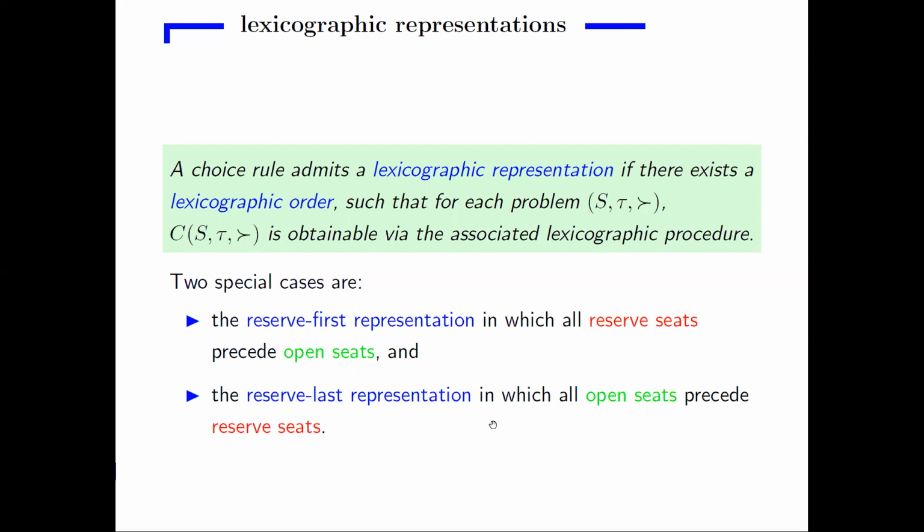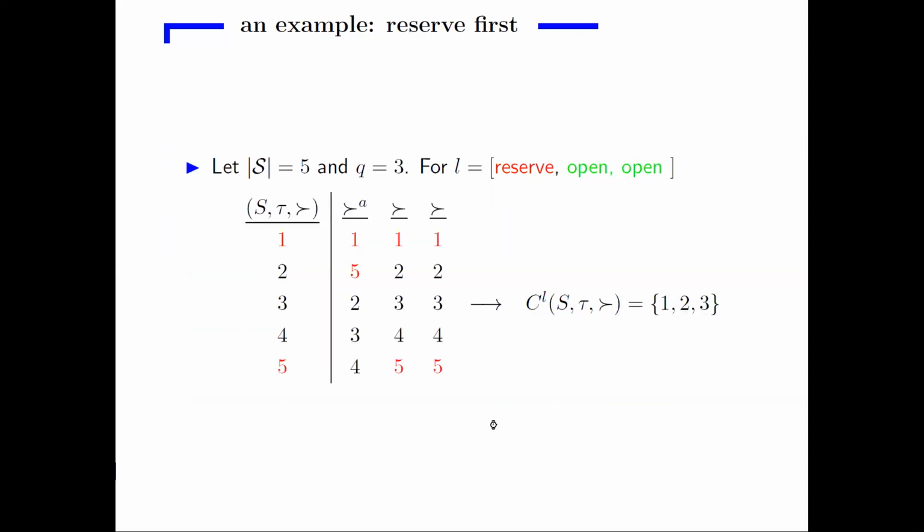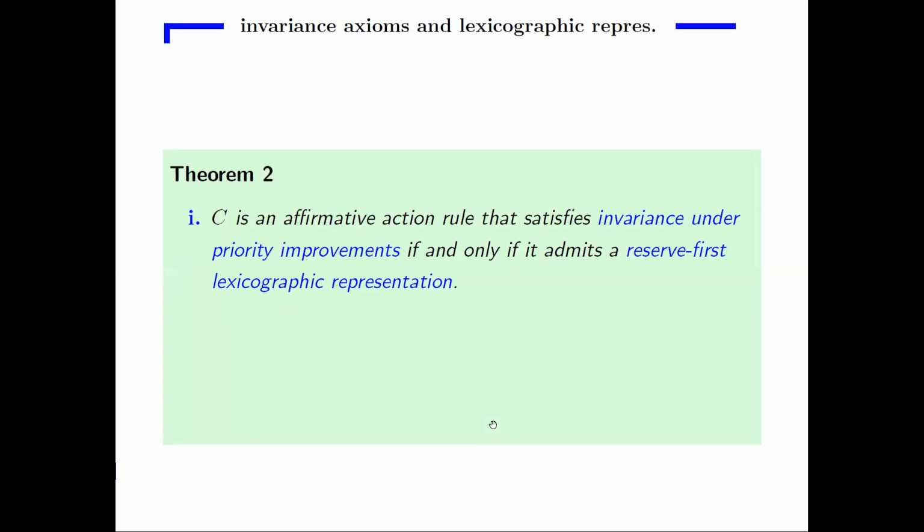And now, what is the connection to the general class that we have characterized? Lexicographic choice rules are a special class of the responsive affirmative action rules that we have already characterized. So this is an example of a responsive reserved representation, but it is indeed a very particular one. Here is the second result.